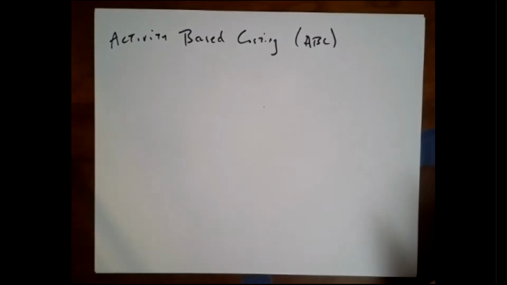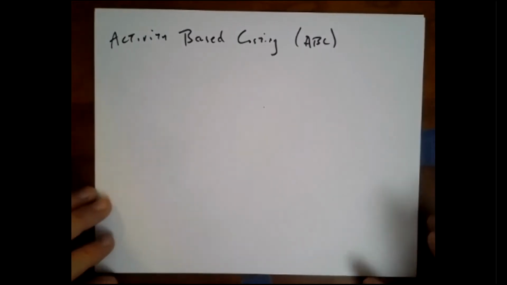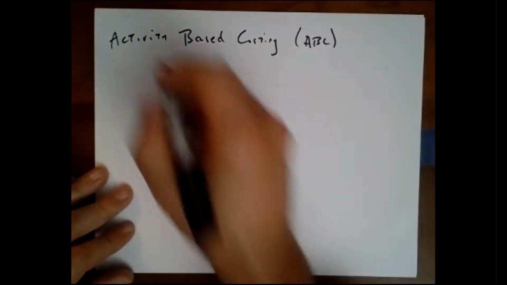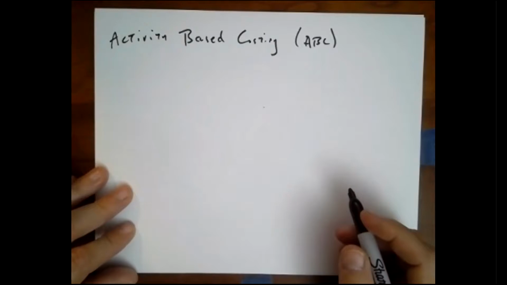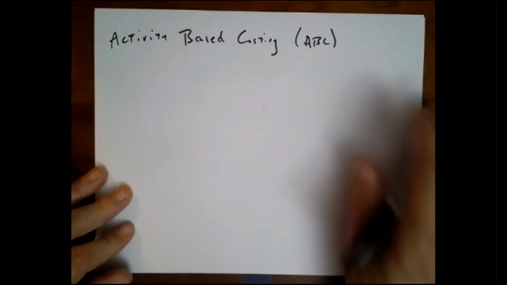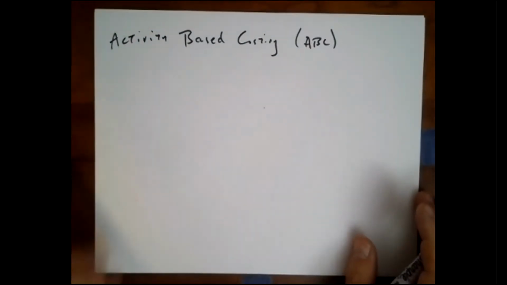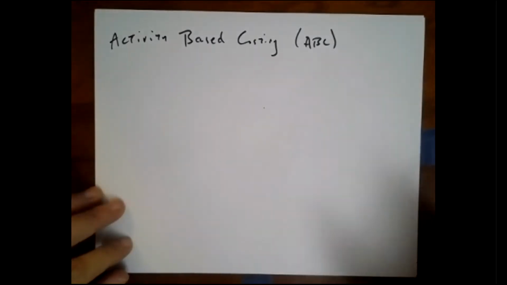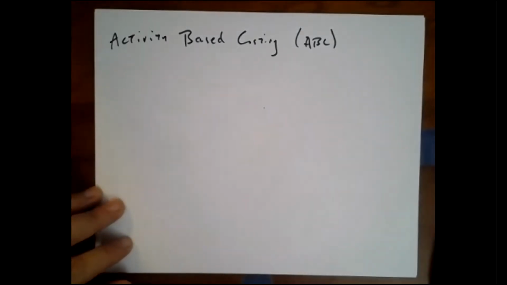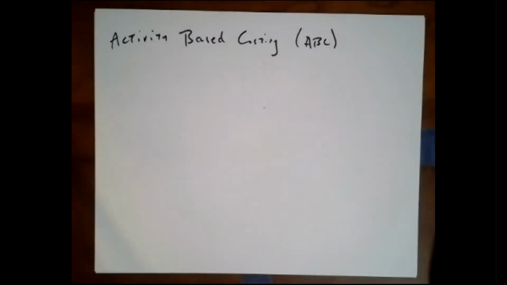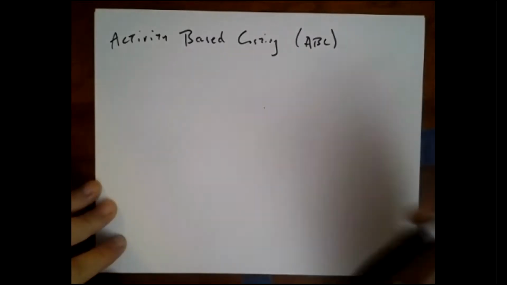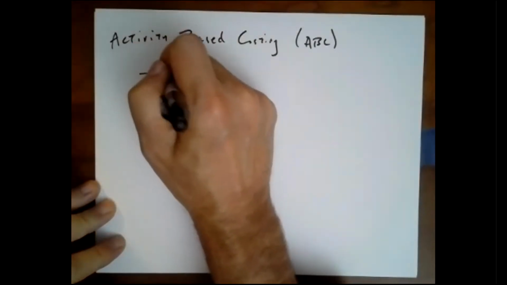So like we've been talking about throughout this course, there's a cost to everything. And so ABC is probably more accurate than any of the ratio methods we just used. But it is also a lot more work. And so ABC is based on the idea that all costs are associated with some sort of activity.